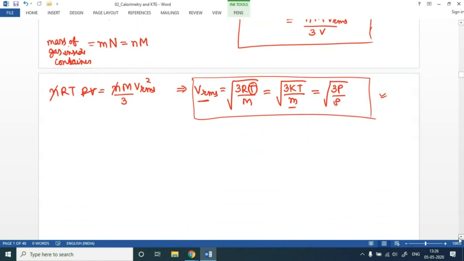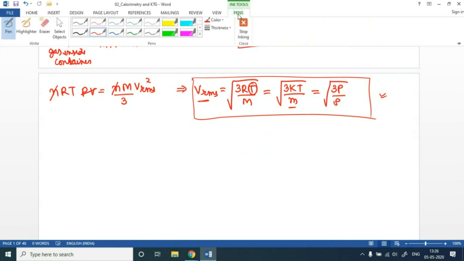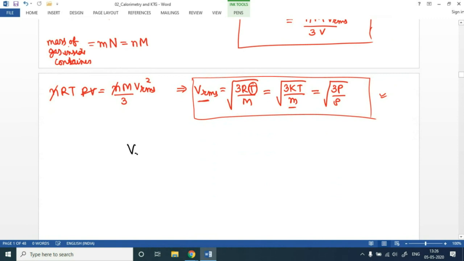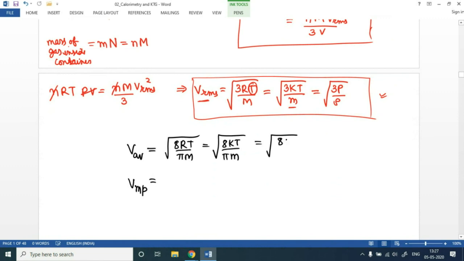That being said, let's also try to have the expression of the average speed, V average, and another thing we would be looking at, the most probable speed. For the average speed, we will look more at it later; for this instant, let's only have the expression, and it would be nothing but root of 8RT by pi M, or alternatively you can also write root of 8kT by pi small m, or root of 8P by pi rho.